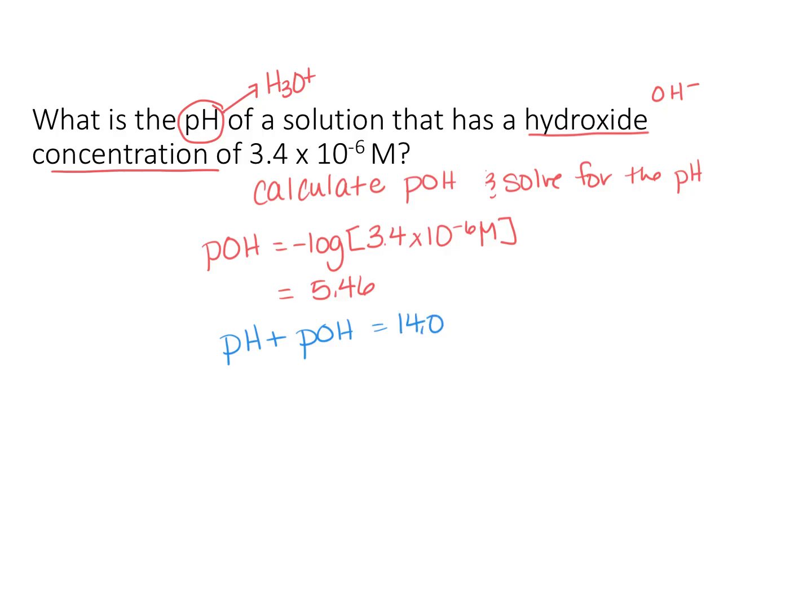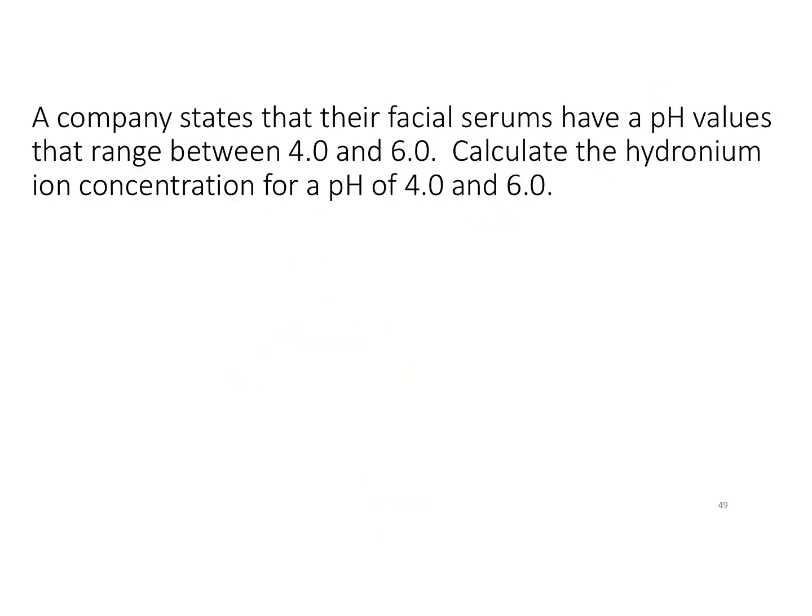And so to find the pH, I'm going to take 14 and subtract the pOH. So I've got 14, and I'm going to subtract 5.46. My pH here is 8.53. This is a basic solution because that pH is greater than 7. Okay. Now, let's do one last problem.